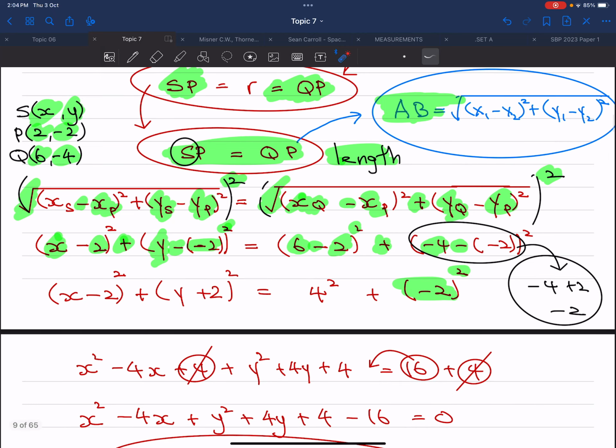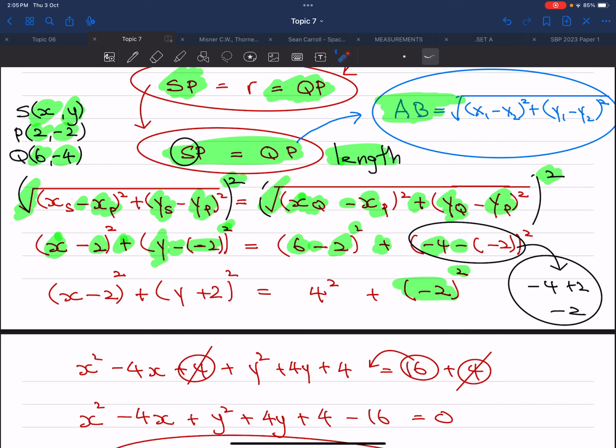XS is x, minus XP, which is negative 2, bracket square, plus YS is y, minus, be careful, YP is 2. So this is minus 2.